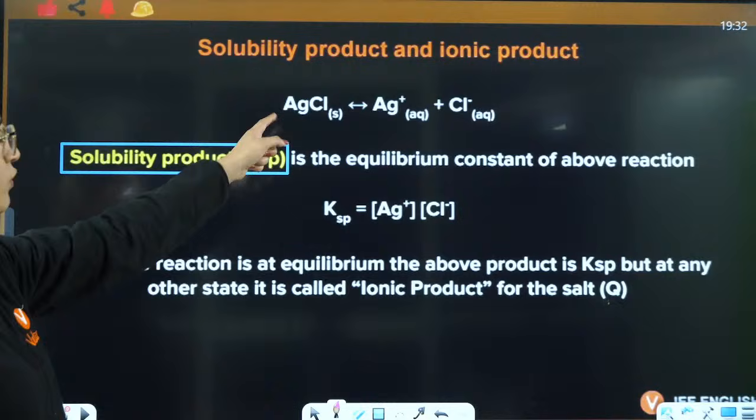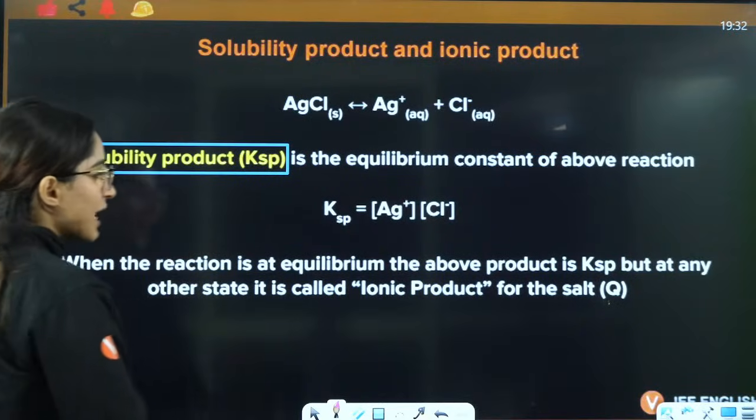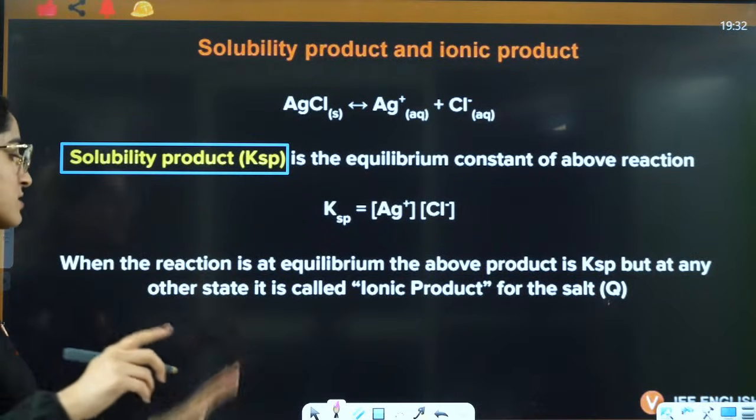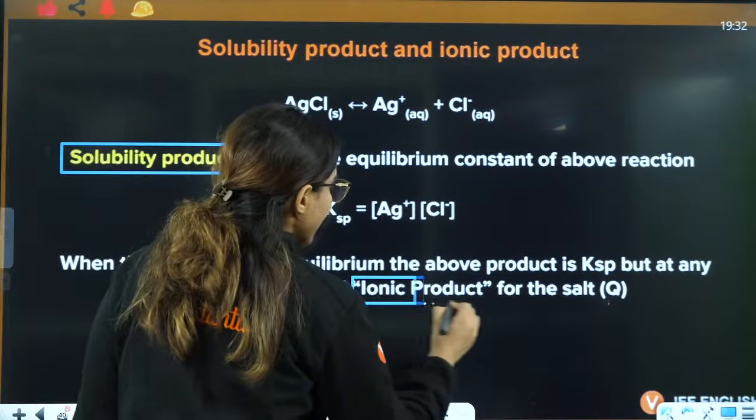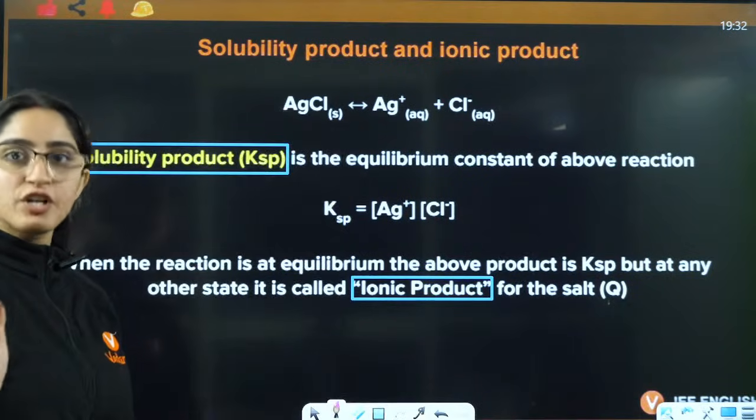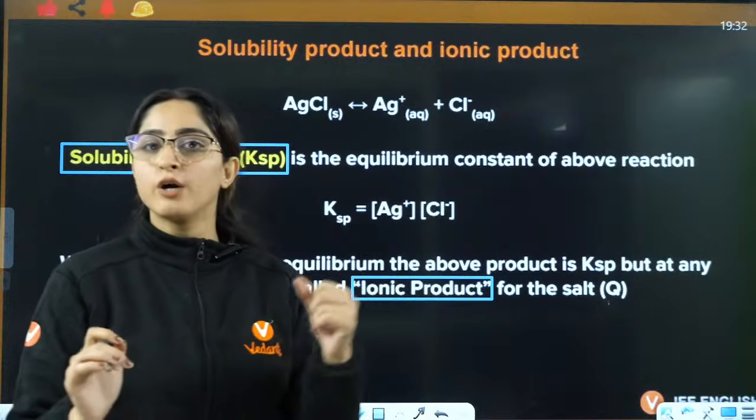But at any other state, it is called the ionic product, just like the reaction quotient.